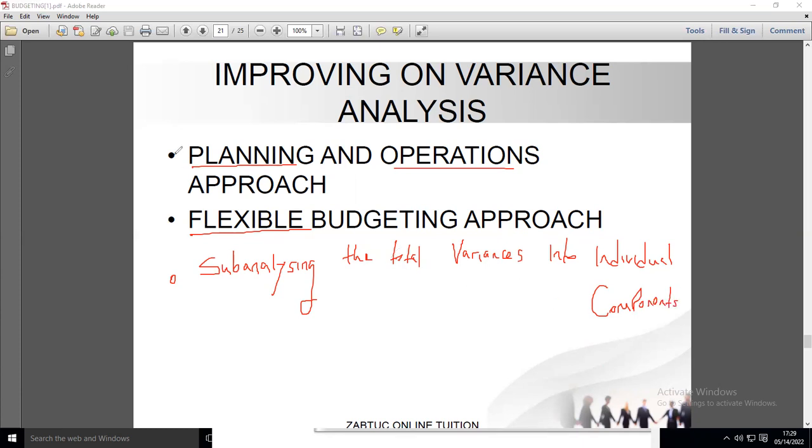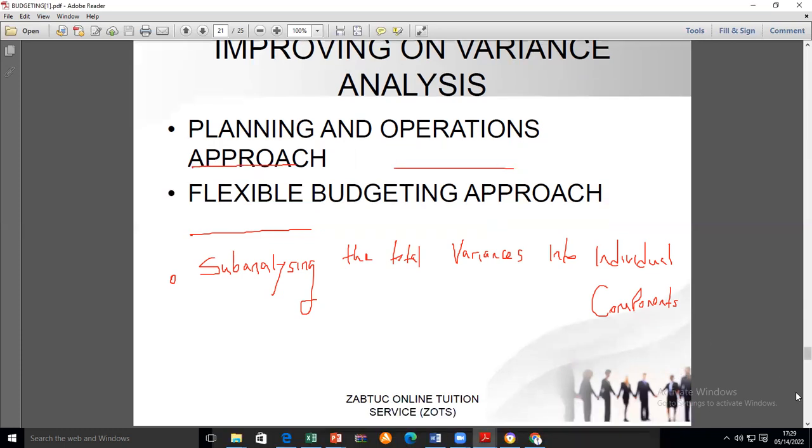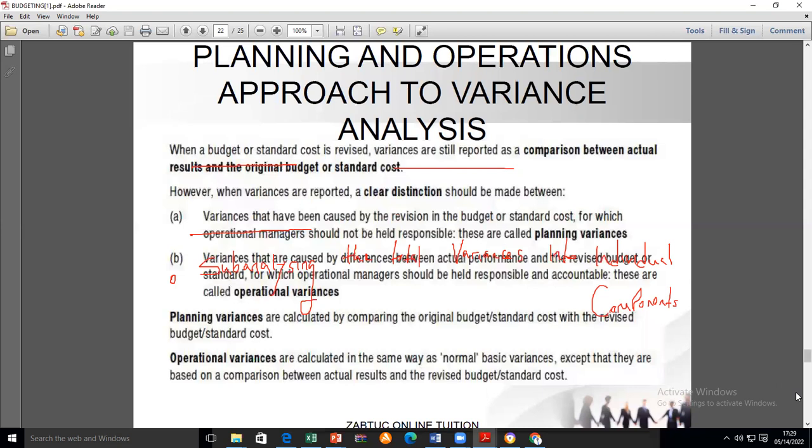Sub-analyze total variance. This will help to improve the process. Now, we may have forgotten by now what we mean by planning and operations approach to variance analysis. I'm sure by now we may have forgotten what it looks like. So planning and operations approach to variance analysis, what is it all about?